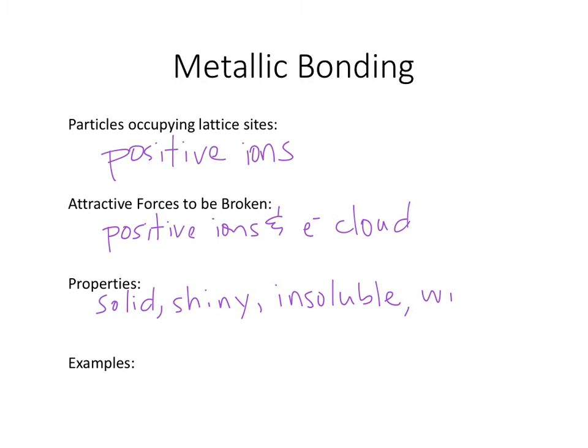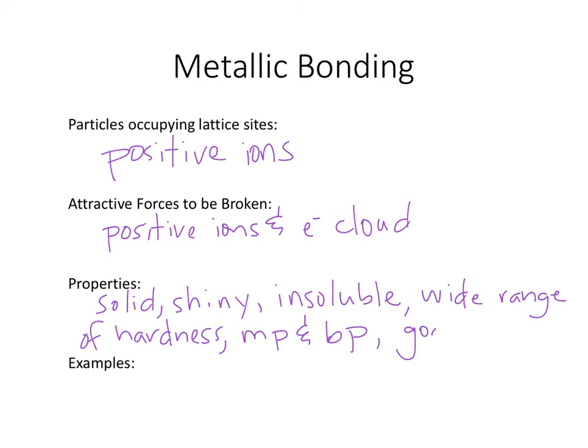They have a wide range of hardness, whereas ionic and network covalent are always hard. Metals could be mercury or sodium or gold. And they also have a wide range of melting points and boiling points. Generally, they're high, but there is a huge range.